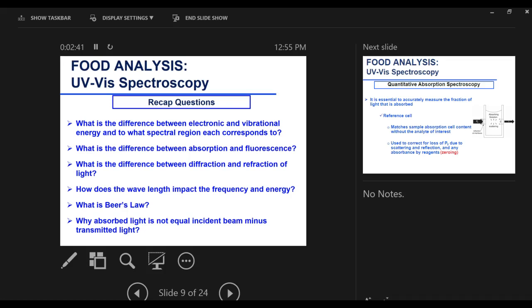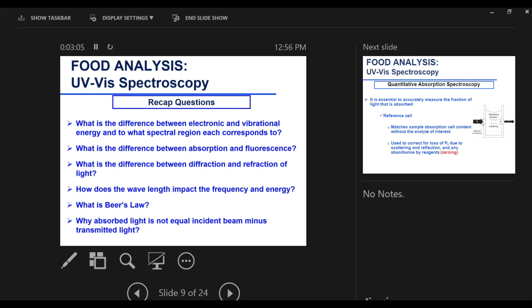So absorption spectroscopy has to do with measuring absorption of light. Fluorescence has to do with measuring an emission of light. And emission of light usually happens at a longer wavelength, because some of the energy is dissipated as heat, so the emission would be of lesser energy than the absorbed energy.